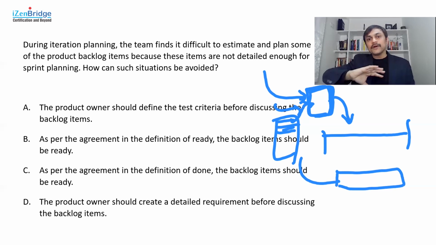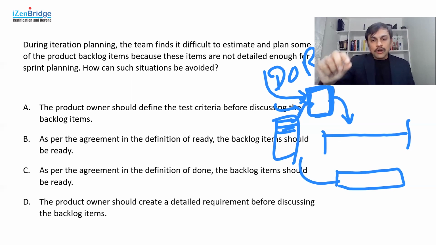So in order to develop a common agreement of what is considered as ready, one can come up with a definition of ready. In general, it is not a very standard concept of Scrum. Scrum only tells that a backlog item should be ready enough. But in the PMP exam space, I see this concept getting tested frequently. So always attach the definition of ready to the readiness of the product backlog item for the upcoming planning and development in a given iteration.